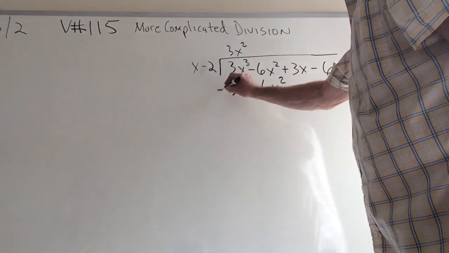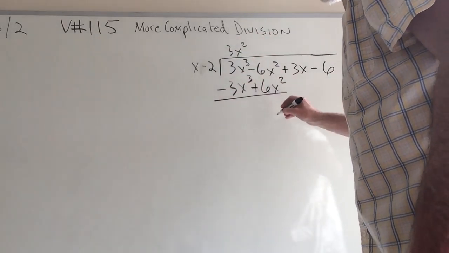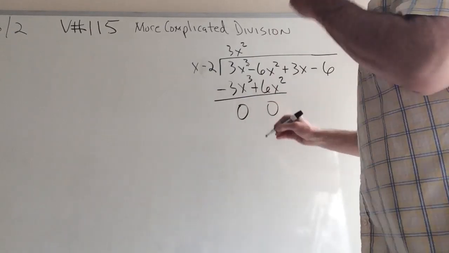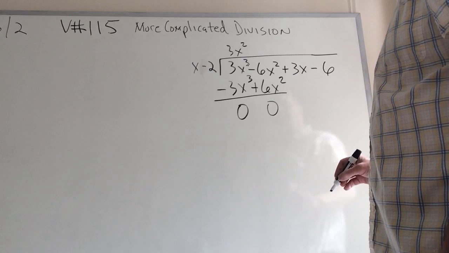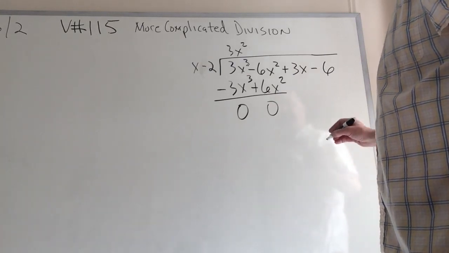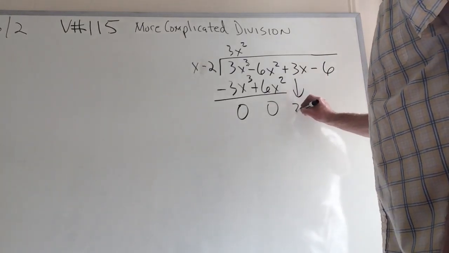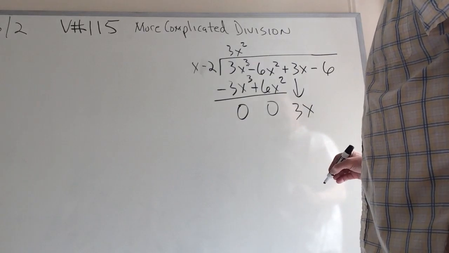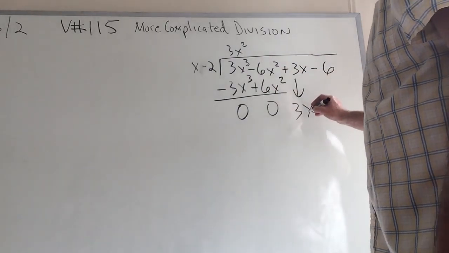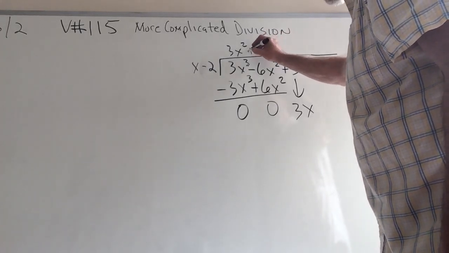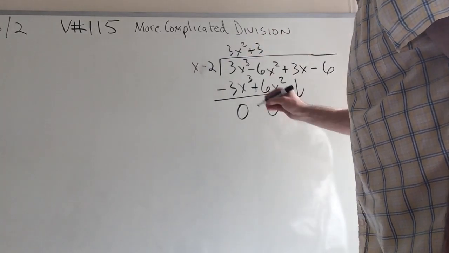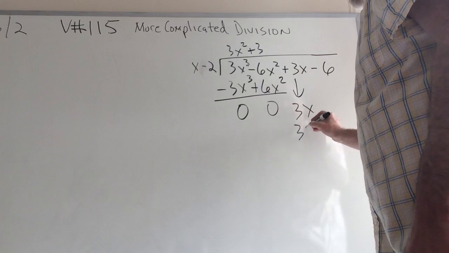Okay, now subtract, and lo and behold, both of these guys go away. That doesn't always happen, but since we're focusing on easier problems here, in this case it does. So now what I do is bring down the 3x, and x goes into 3x 3 times, and it happens to be positive, and 3 times x is 3x.